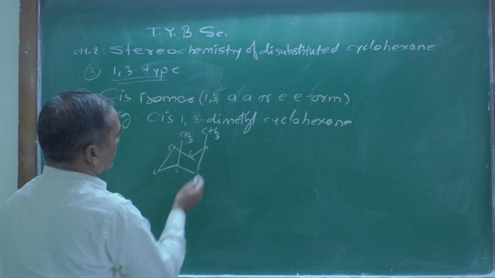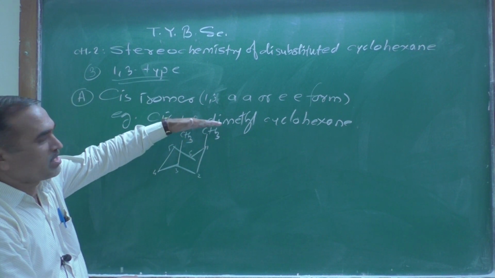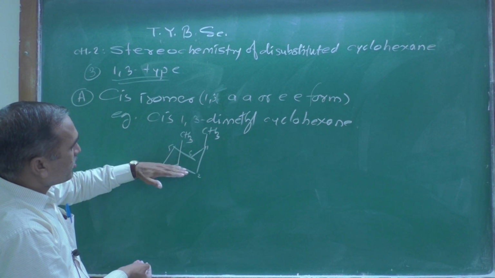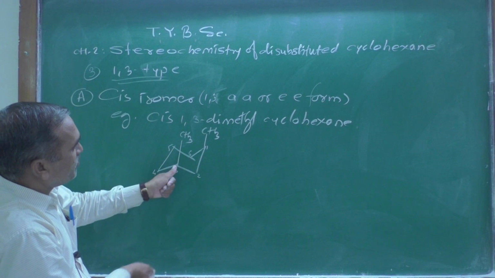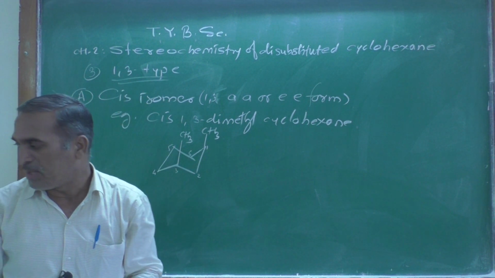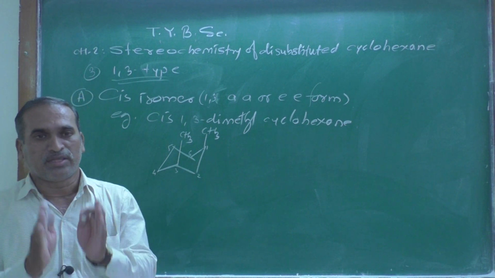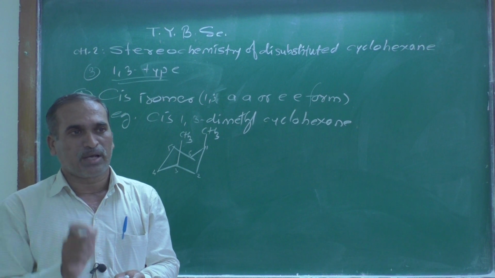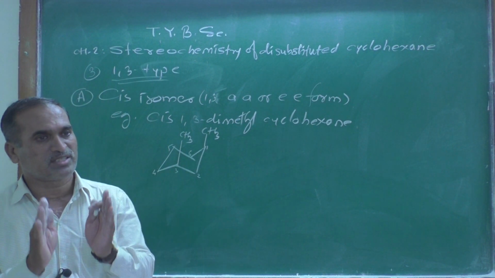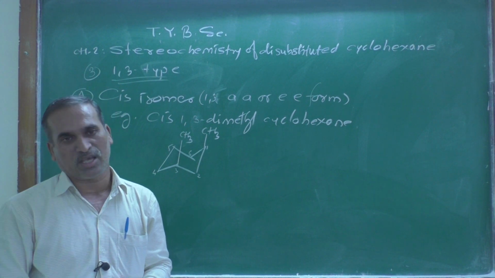Look, if you put your hand here, what do you see? The methyl group is present above the plane. Here also, if you put a finger, what do you see? Here the methyl groups are coming on the same side of the general plane, and this type of conformer is known as a cis isomer.